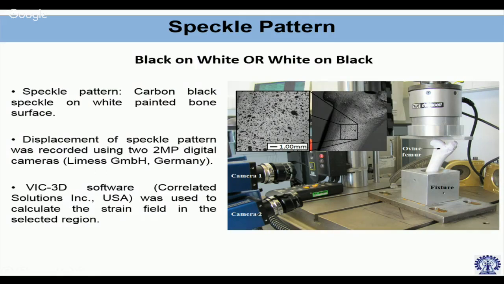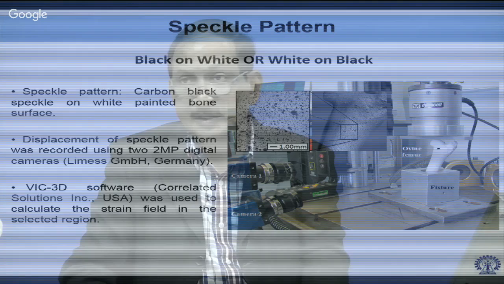Okay, we have been testing a lot on the composite femur, composite pelvis, but there has always been the question of what will be the quality of results predicted by DIC when we are measuring on real tissue.